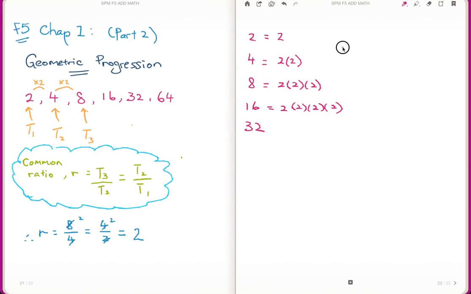Maybe I want to say this is 2 power 1, this is 2 power 2, this is 2 power 3. No, you can't do that, otherwise you don't have a sequence. Let me erase this.